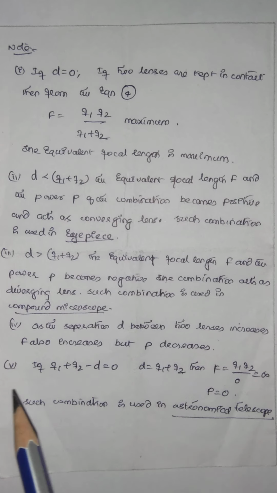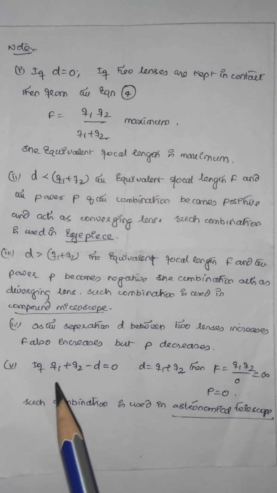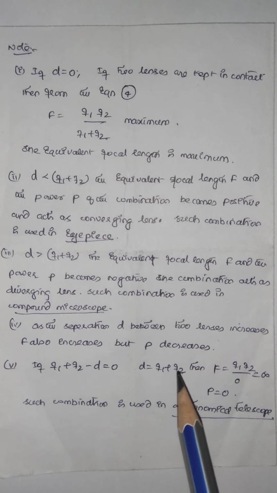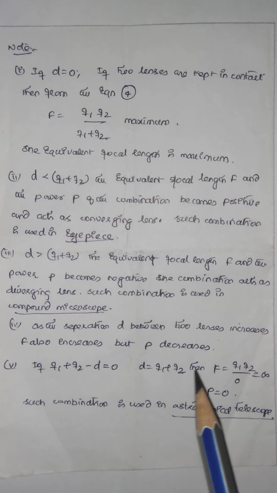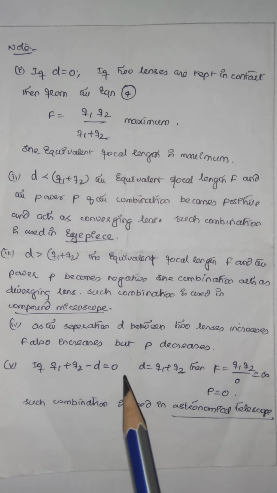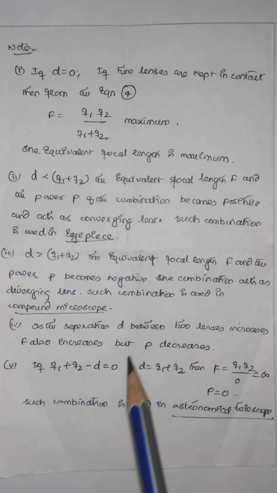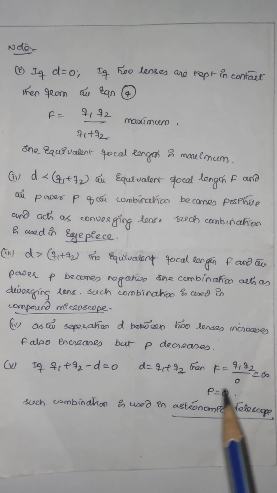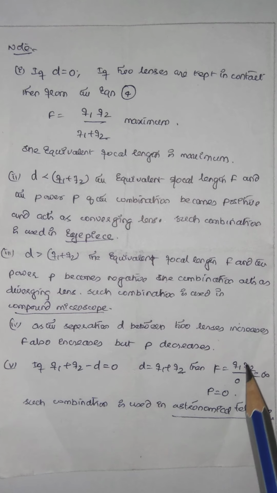Let us now consider one more case. If F1 plus F2 minus D is 0, then D is equal to F1 plus F2. Then F is equal to F1 F2 by 0. That means when this complete term is 0, the optical separation is 0. When the optical separation is 0, this value of delta is 0. When delta is 0, anything by 0 is infinity.